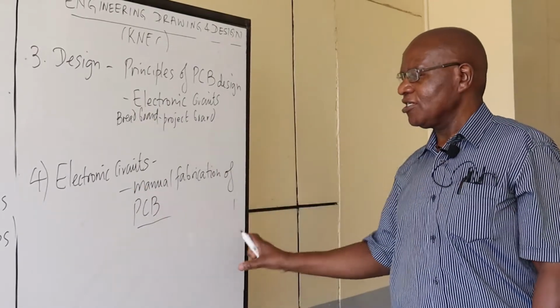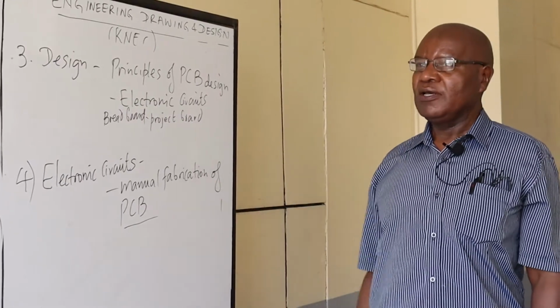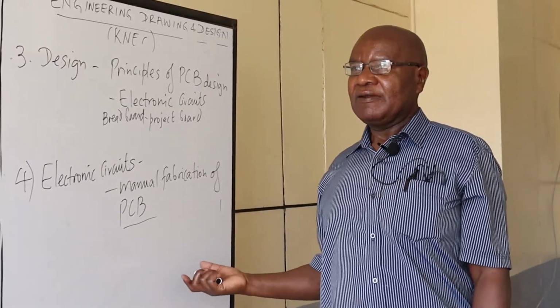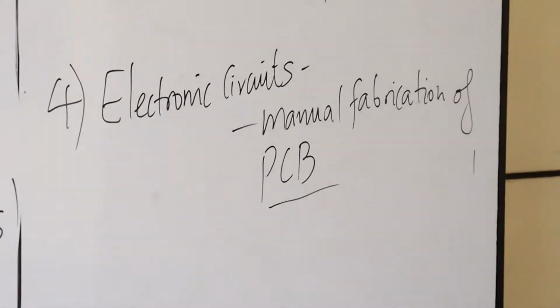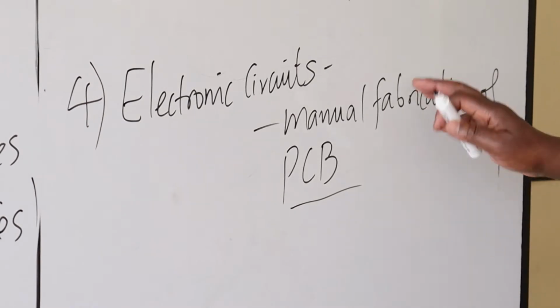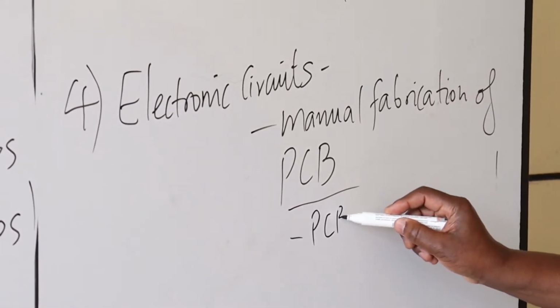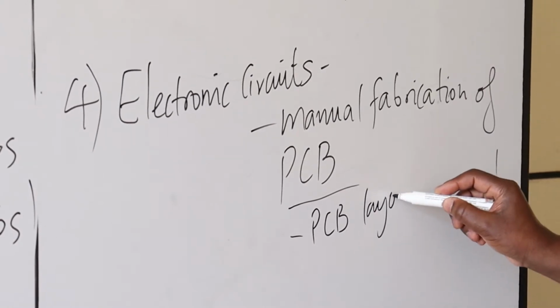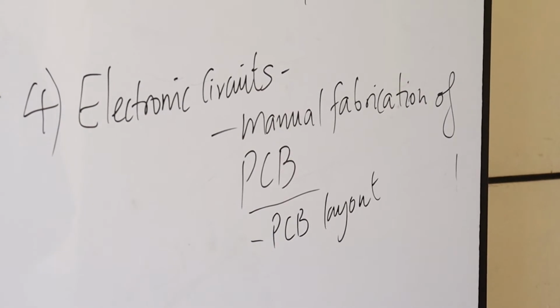Once I go through my process here, you can practice yours at home. Again, this one will show you how it is done, and then you can also practice it on your own. And of course, with the manual fabrication, you'll be doing things like the PCB layout, and go through the whole process manually.